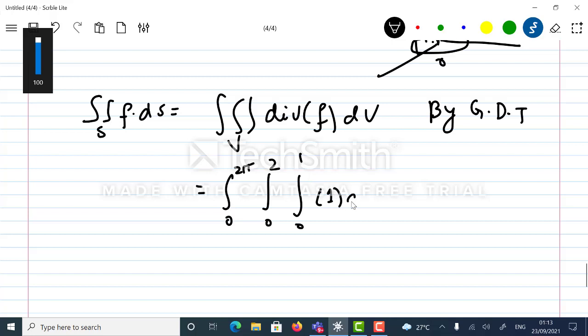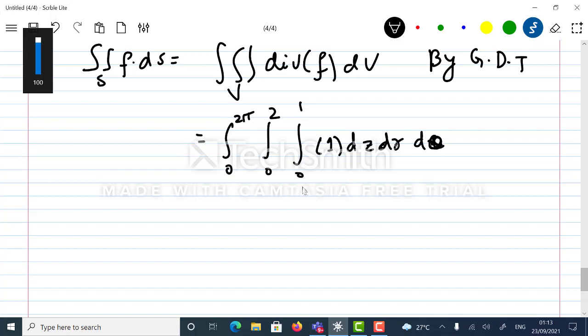So the integral is over theta 0 to 2 pi, r 0 to 2, z 0 to 4, of the divergence of F. It should be dz dr d theta, since I am using the cylindrical transformation, not dz dy dx.